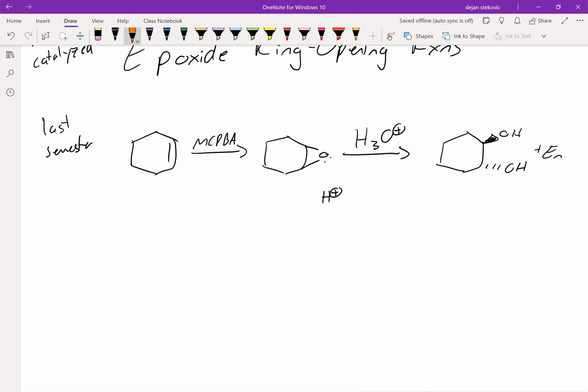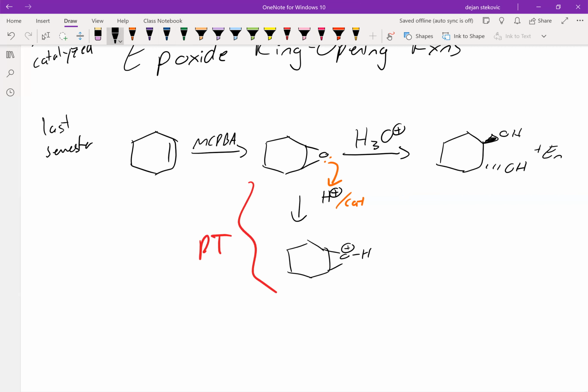So the first thing that happens is this epoxide attacks our H+, which is acting as a catalyst, so it will be regenerated. Of course, we can classify this whole reaction right here as a simple proton transfer, right? We're just transferring a proton.